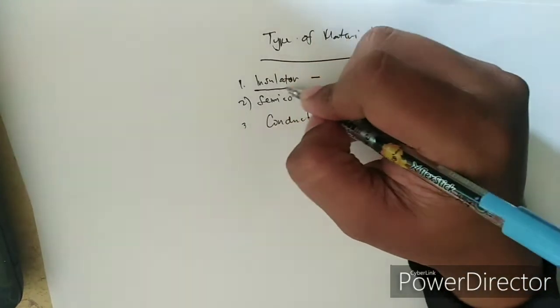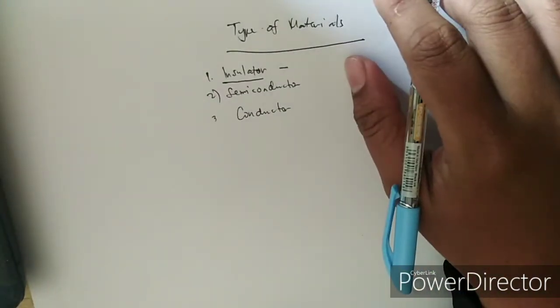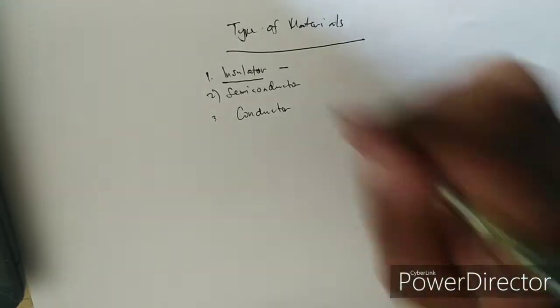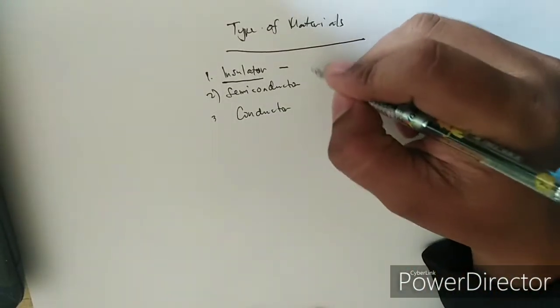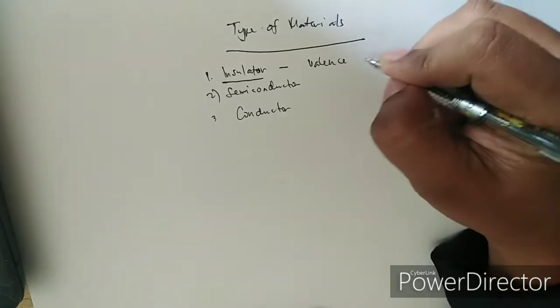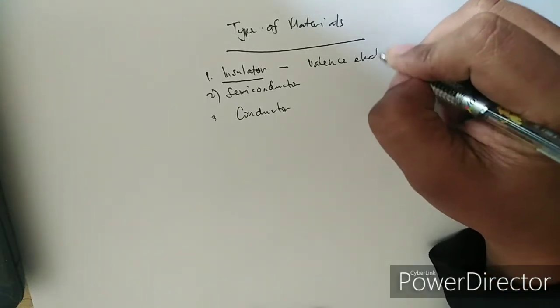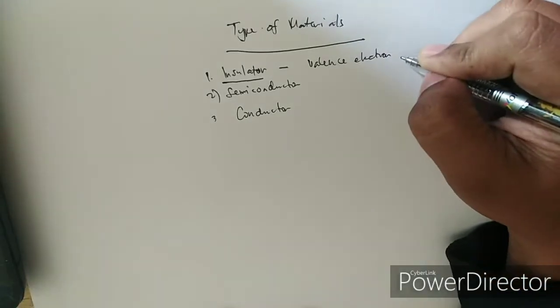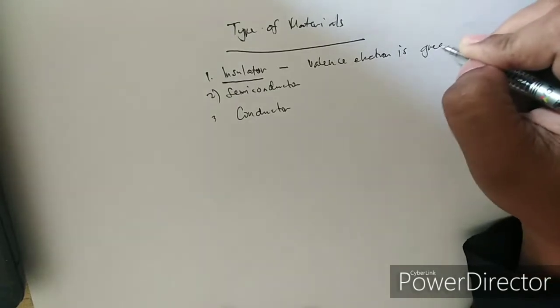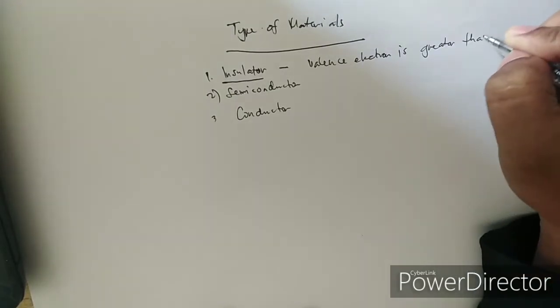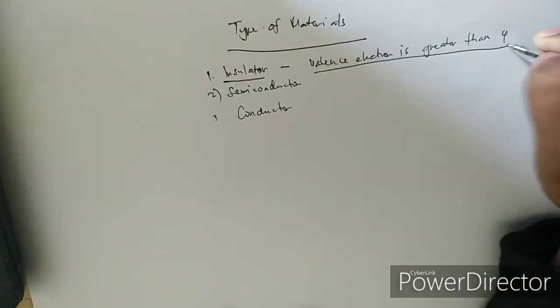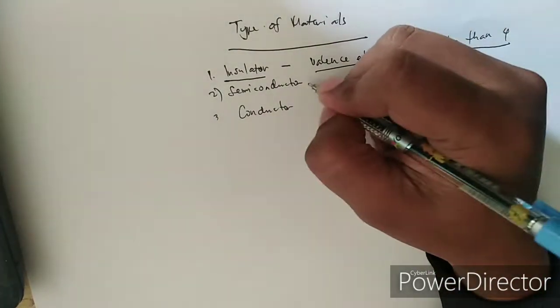That is characteristic of an insulator. You can determine whether it is an insulator if the valence electrons are greater than 4.